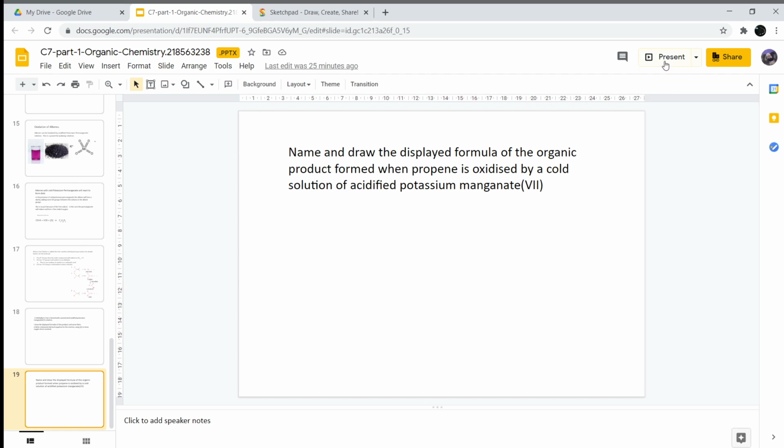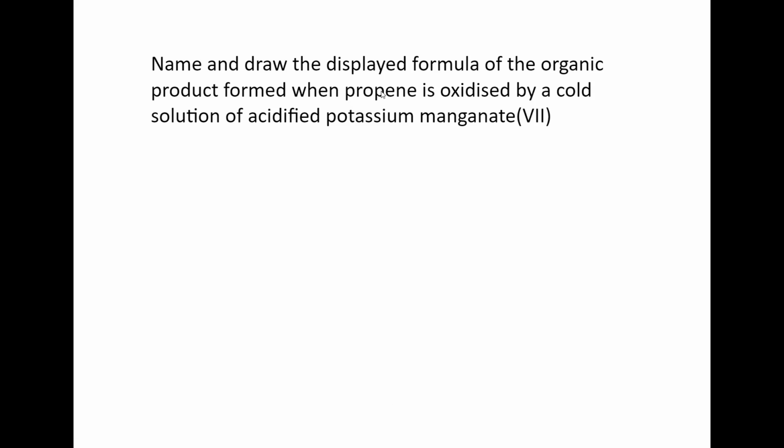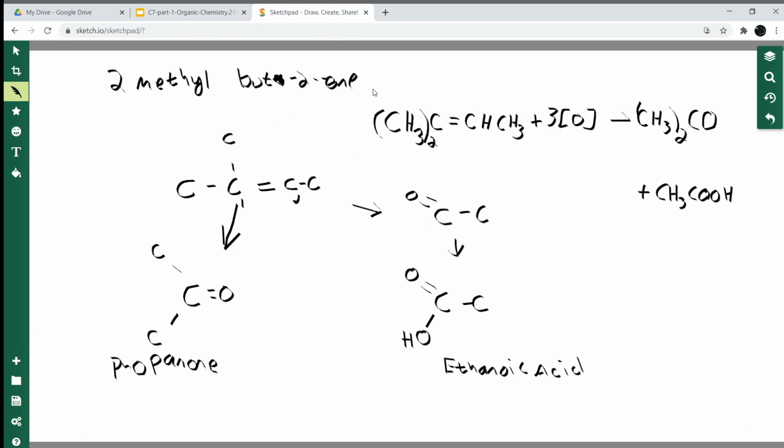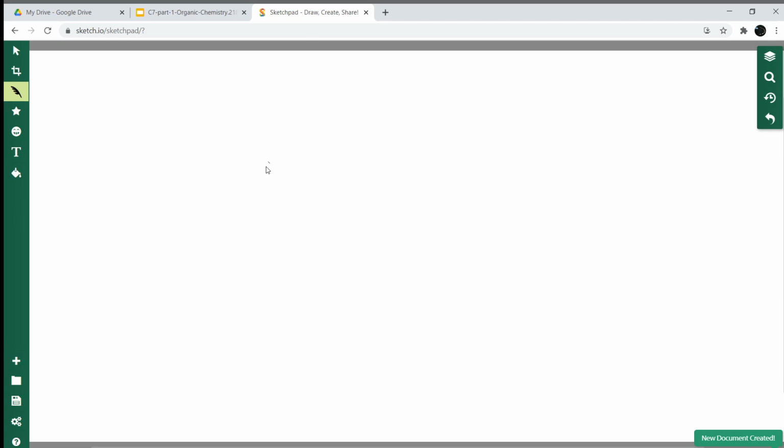The next type of question could be this one right here, and it's saying, hey, name and draw the displayed formula of the organic product formed when propene is oxidized by a cold solution of potassium manganate. Okay, and this is propene. Since it's propene, we can go ahead and draw 3 carbons.